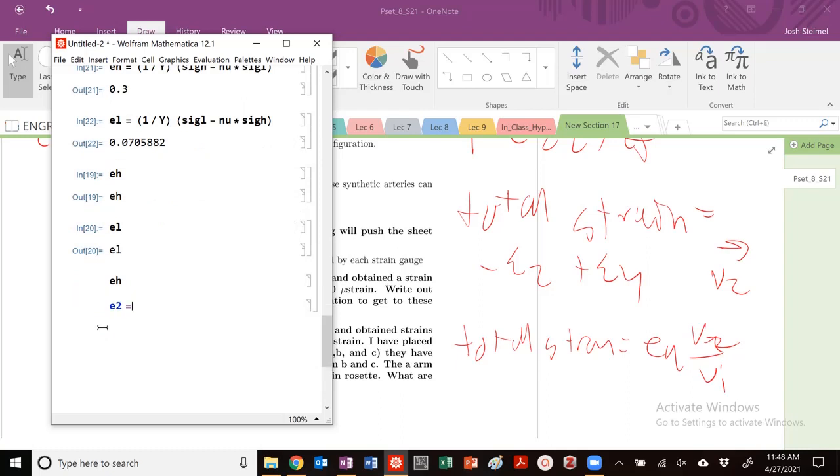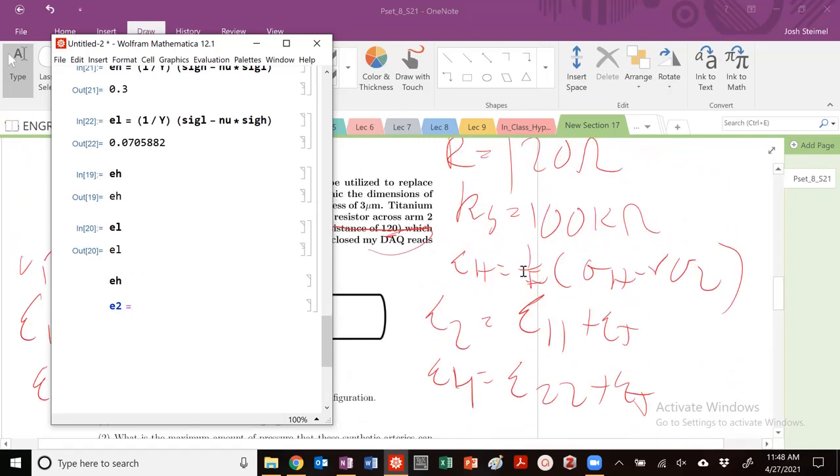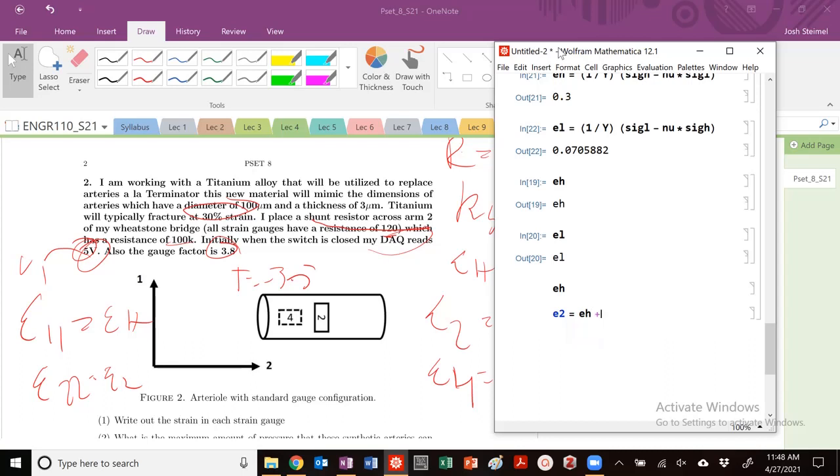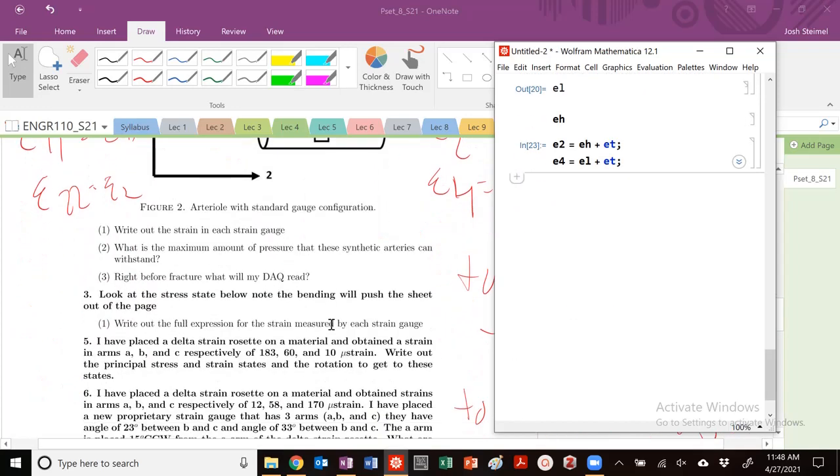E2 is equal to my EH plus ET. My E4, even though it's on the back, is equal to my EL plus ET. So when I do that, I will go ahead and grab my total strain.